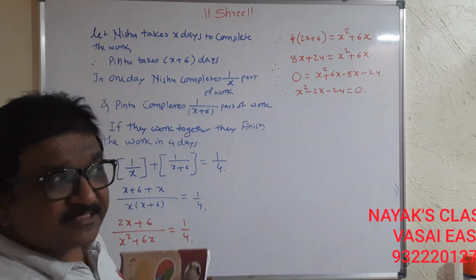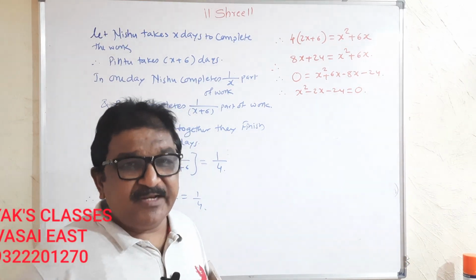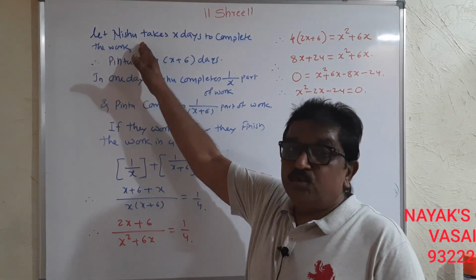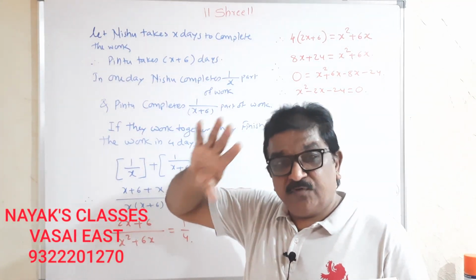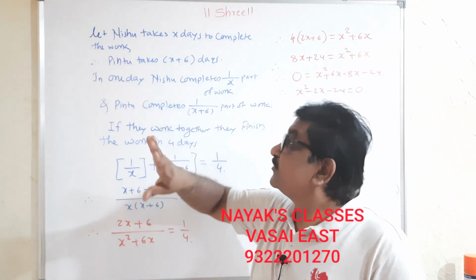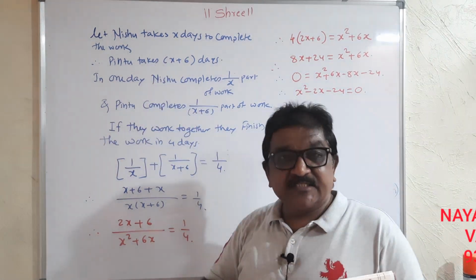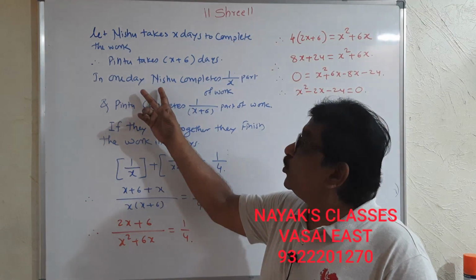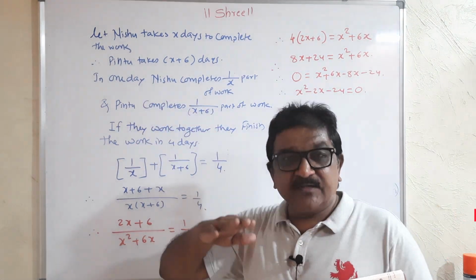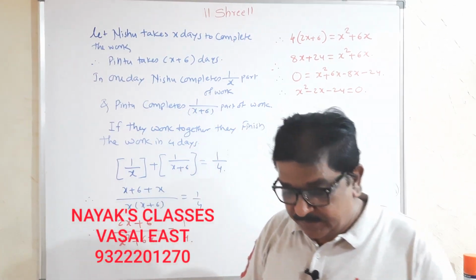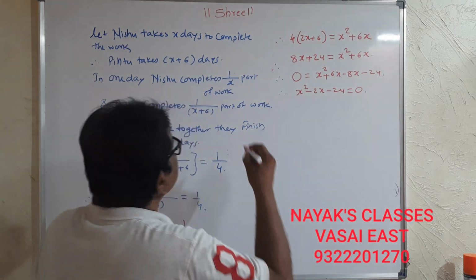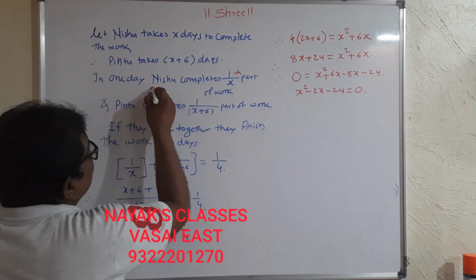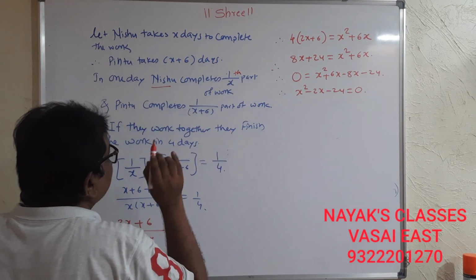So see, to get this equation, again I am explaining the same thing to make you understand. Nishu takes x days, full x days to finish that work. And Pintu takes x plus 6 days, 6 days more than Nishu. So in one day, Nishu will finish 1 upon x part of the work.